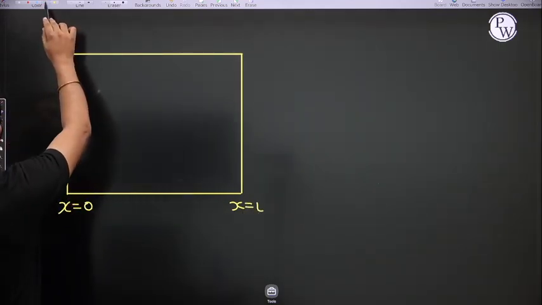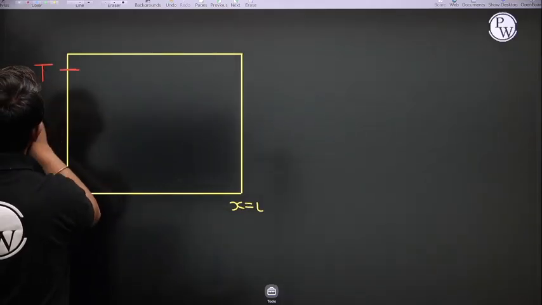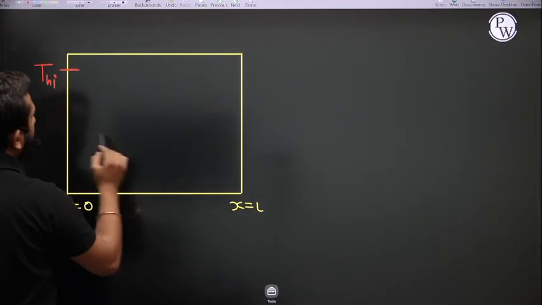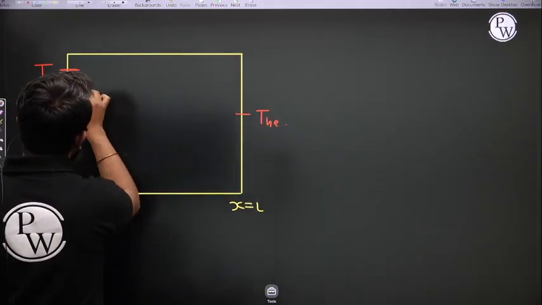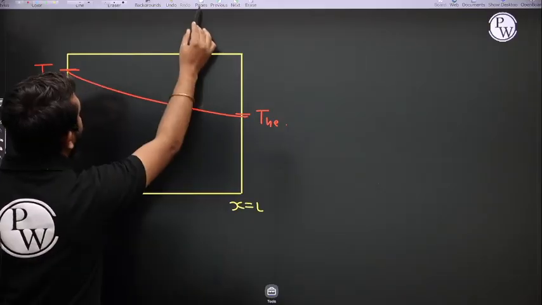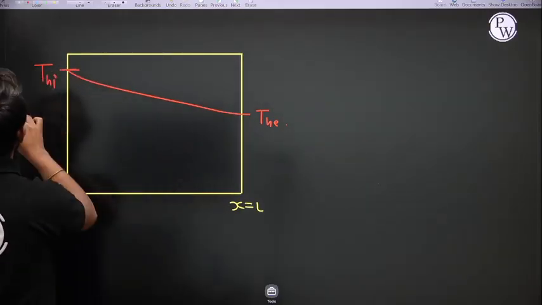So let us assume randomly that this temperature is Thi and this temperature is The. Let us assume that the temperature varies like this.